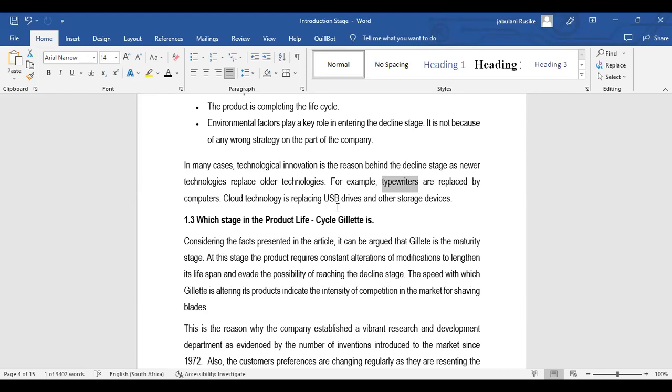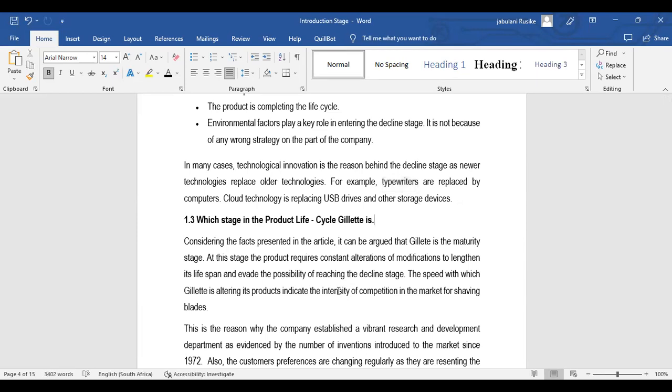So after explaining the different stages that a product goes through, what is really the stage that Gillette is in, right? What is really the stage that Gillette is in? Now, I'll switch very soon to the question paper, but I just want to explain first.